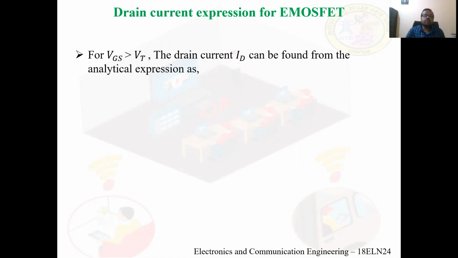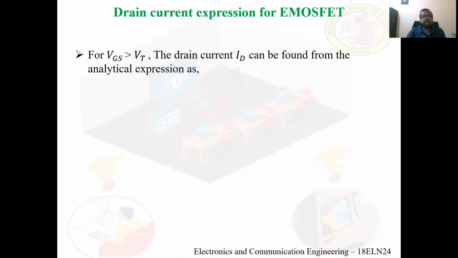But when it comes to enhancement type of MOSFET, the transfer characteristics is not defined by the Shockley equation, but it is governed by the nonlinear equation, which is controlled by gate to source voltage, threshold voltage, and a constant K, which is defined for a device.